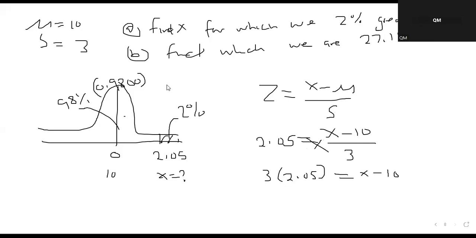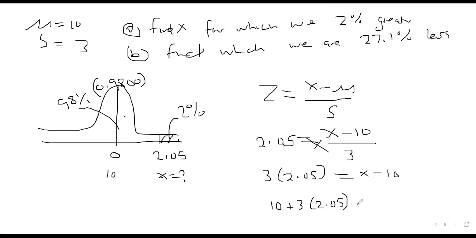So when this 10 goes across, it will add. So what is the value of X? This is 6.15 plus 10, 16.15. So this makes sense that our X here will be 16.15. It's on the right side.